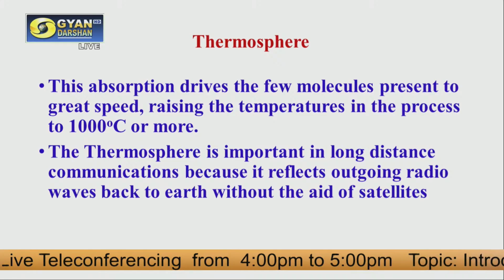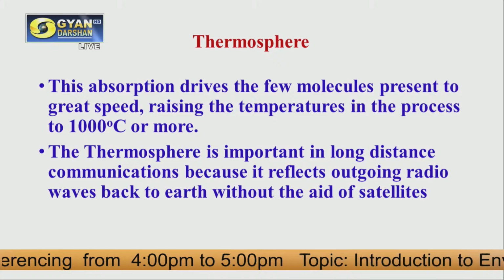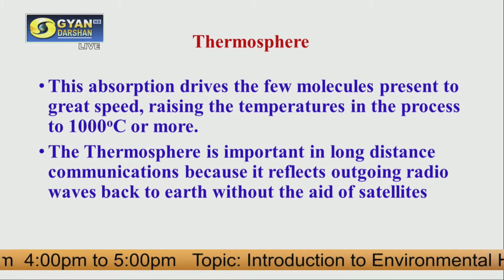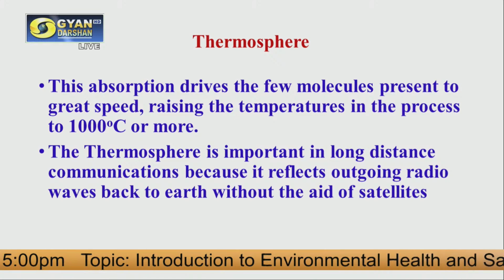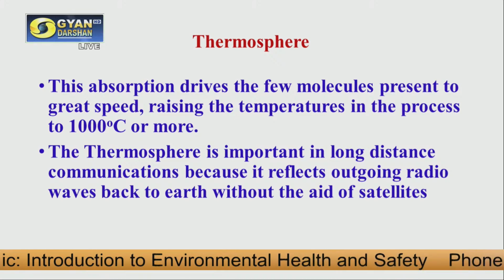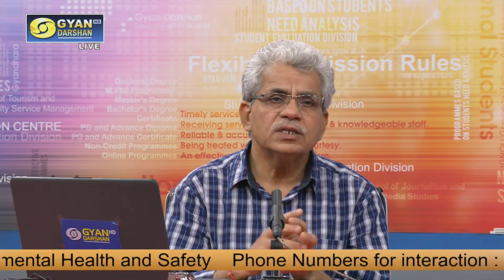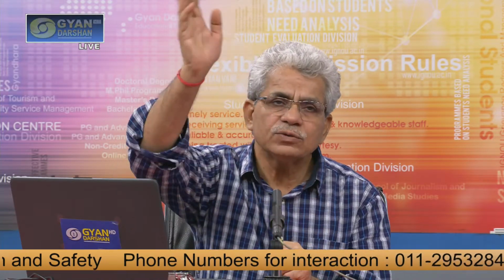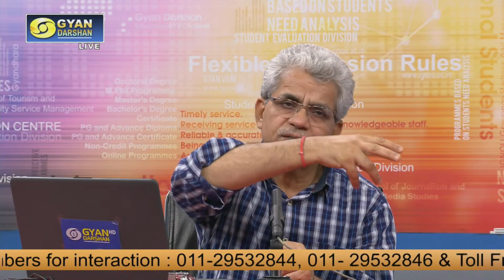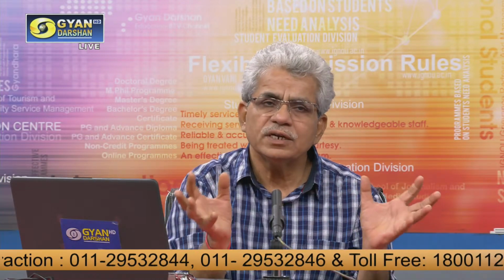This layer is important in long distance communication because it reflects outgoing radio waves back to Earth without the aid of satellites. Whatever function our satellites do, that we are sending signals to the satellite, and ultimately the satellite is sending the signals back to us, so that communication is possible.